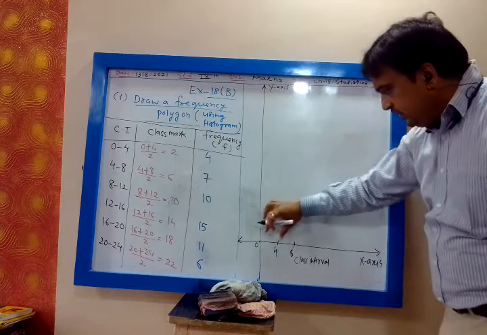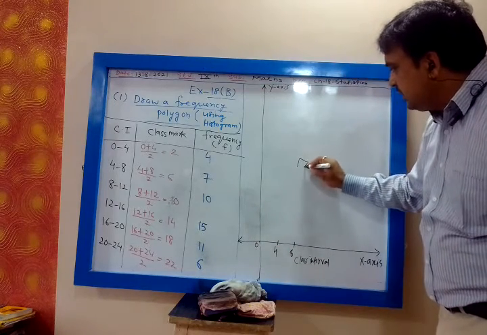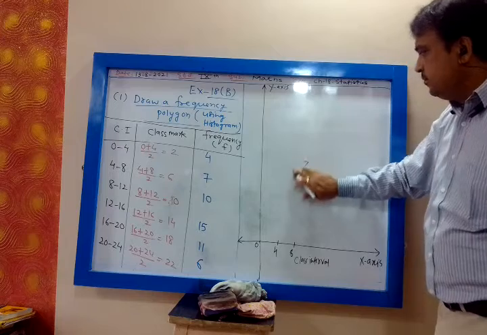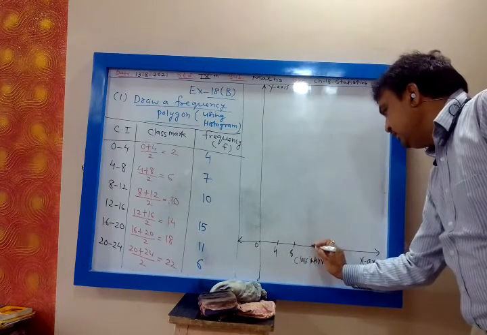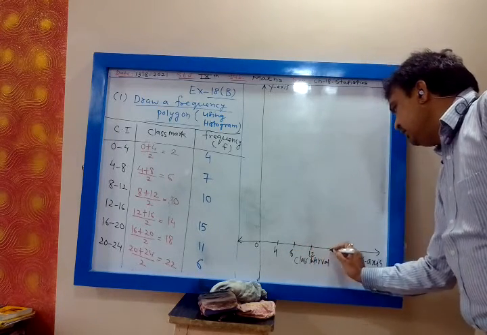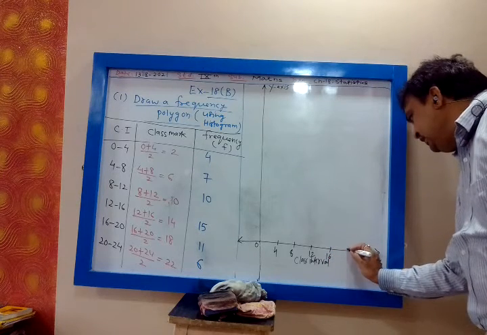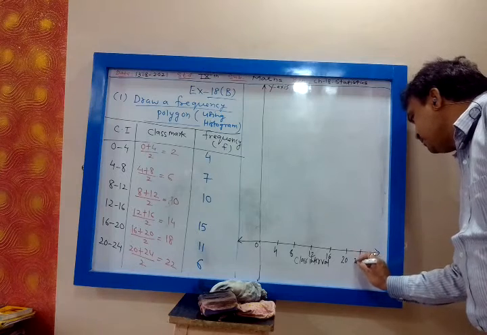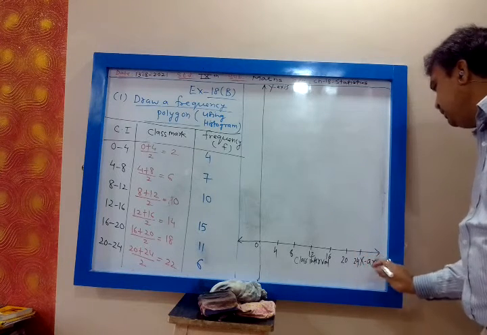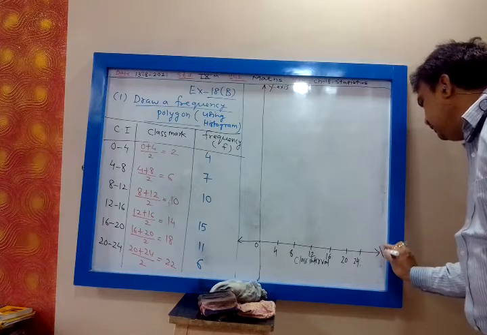Take 1 centimeter, one box, for each class interval: 4 to 8, 8 to 12, then 12 to 16, 16 to 20, 20 to 24.